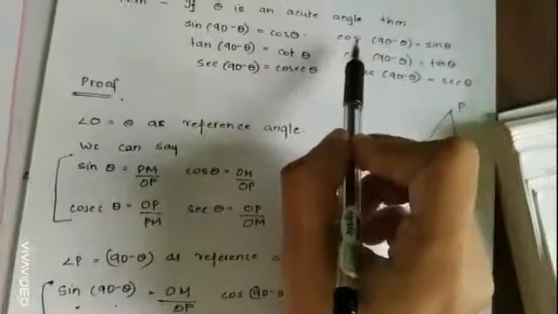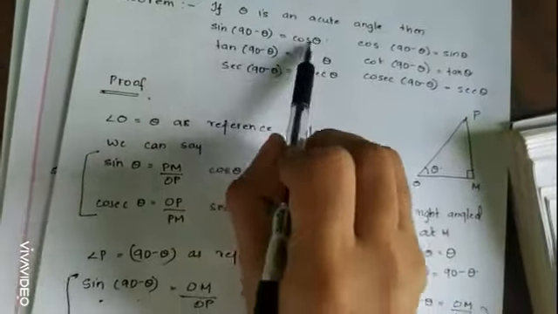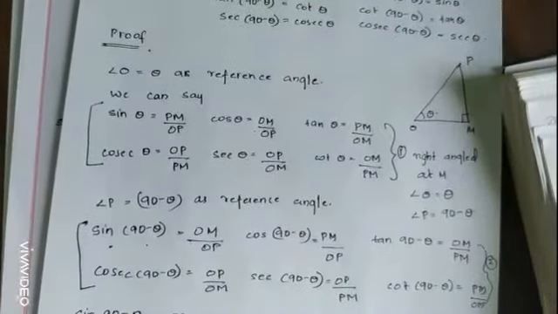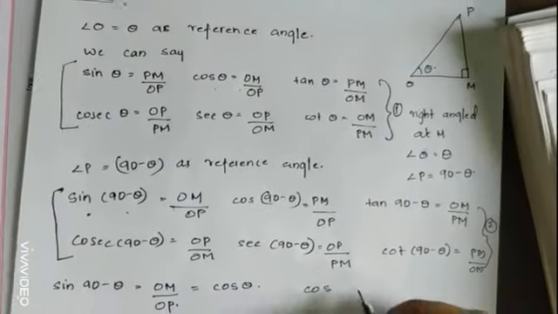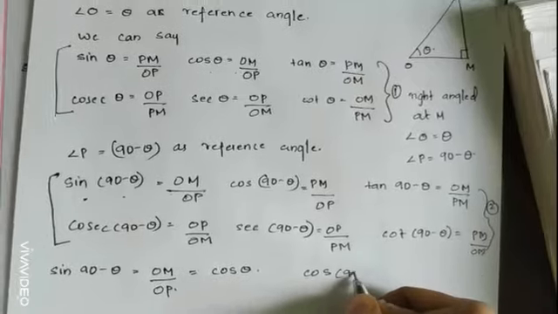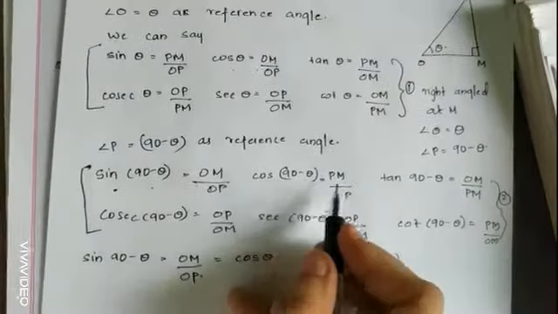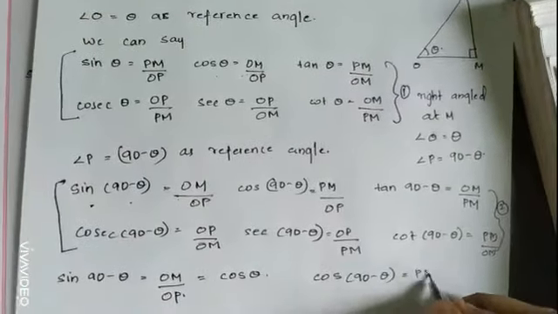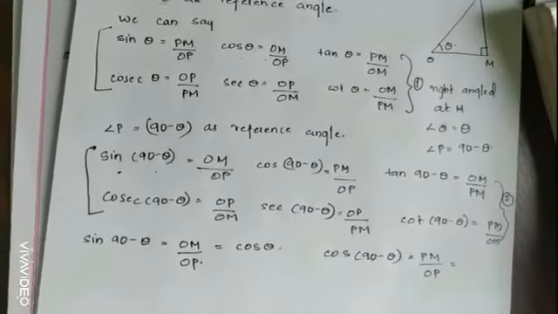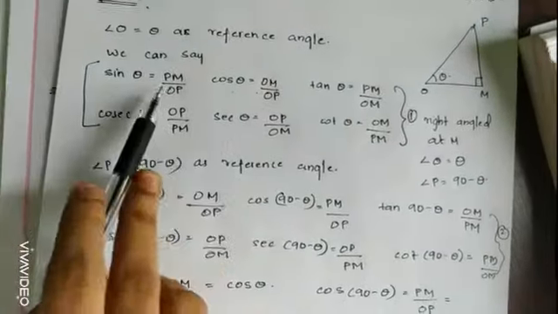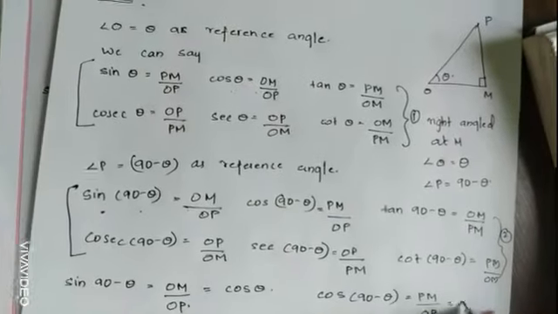This is one of the relations that we have mentioned above. And similarly, in the case of cos 90 minus theta, it is PM by OP, which is equal to sine theta in the first equation.